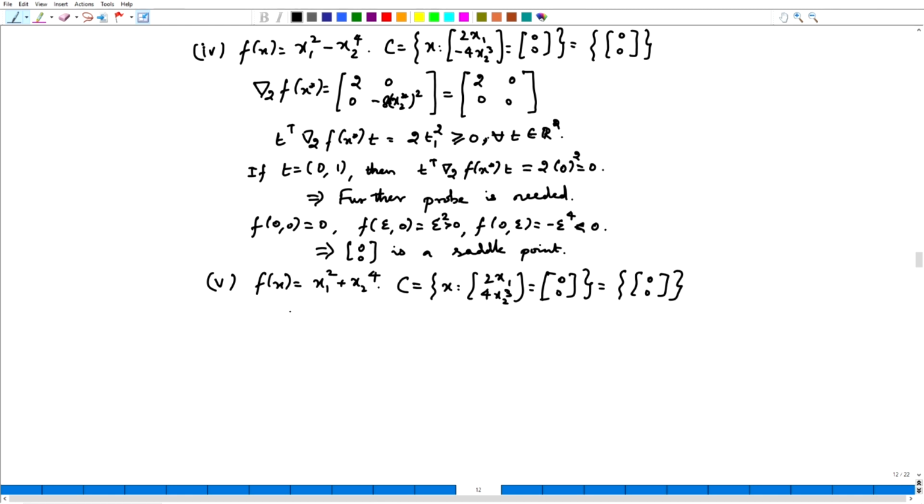And so, del 2 f of x star here is again [2 0; 0 8 x2 star squared], which is [2 0; 0 0]. Since del 2 f of x star is the same as before, the analysis is same: t transpose del 2 f of x star t is 2 t1 squared, which is non negative, but not positive. So, that means further probe is needed.